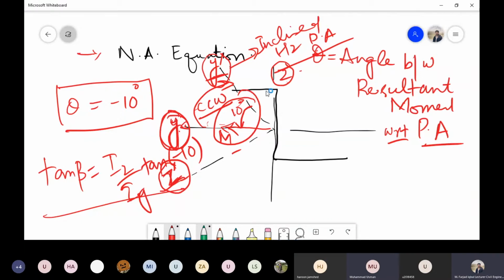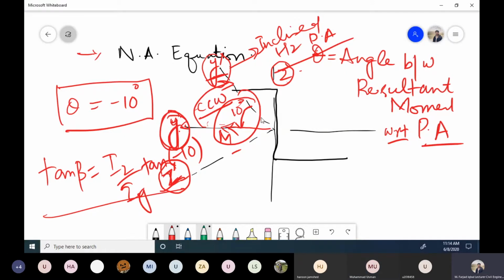So for the principal axis, because this is an unsymmetric section, I have to rotate the original horizontal axis at some inclination to find the inclination of the principal axis. Let's suppose for this case the principal axes are y dash and z dash. That means I have rotated the original y axis and z axis at some angle in the counterclockwise direction to get the y dash and z dash axes.